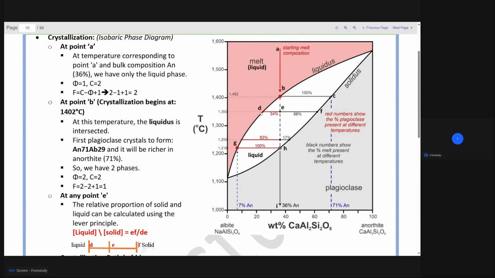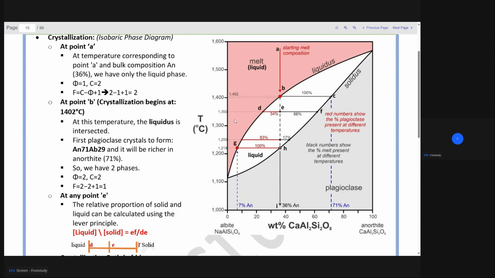So when the melt reaches point D, it will have 66% melt and 34% crystals.